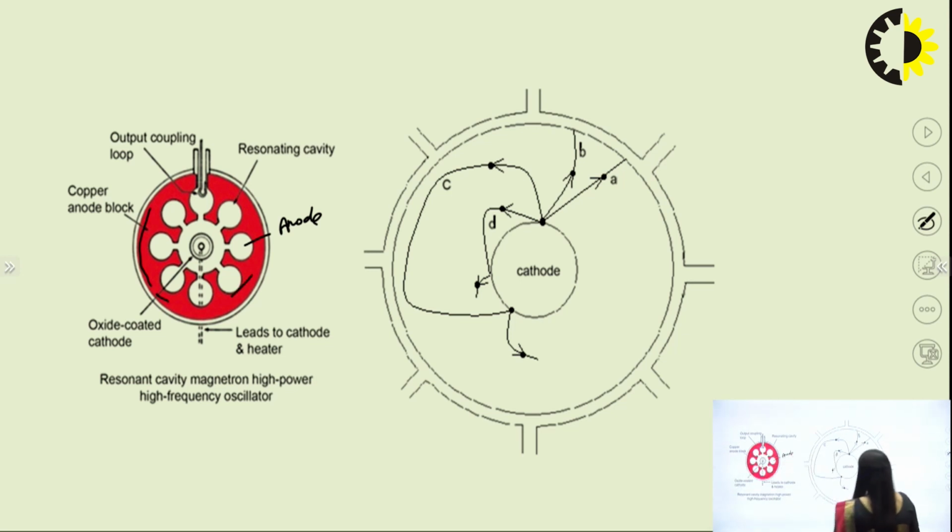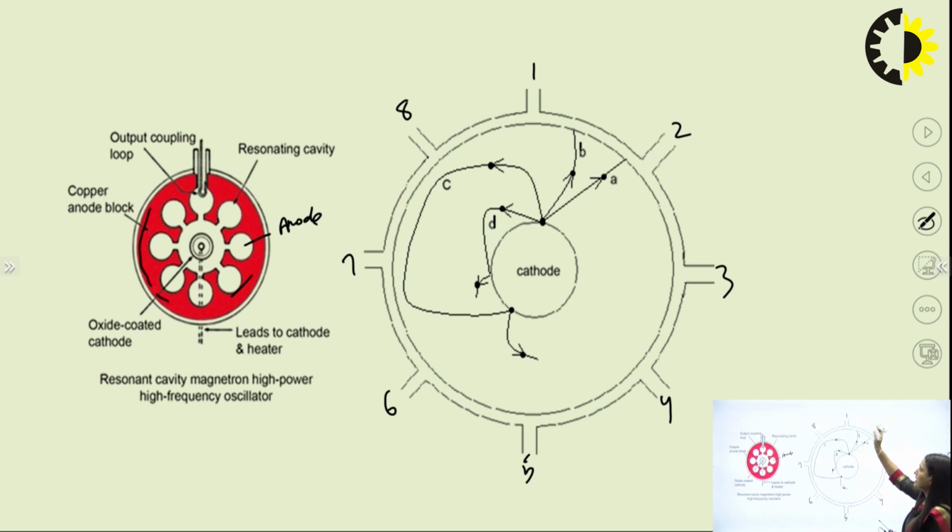So, see, whenever electrons are injected from the cathode, right, from here the electrons are injected, and these are the cavities, or you can say these are the anodes present here, 8 cavities, 8 anodes.